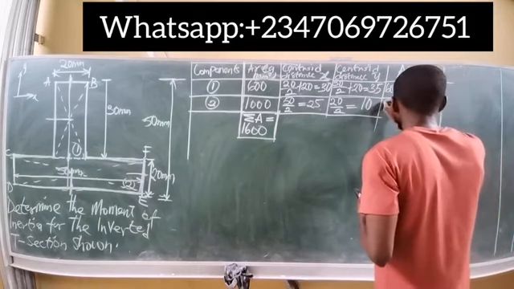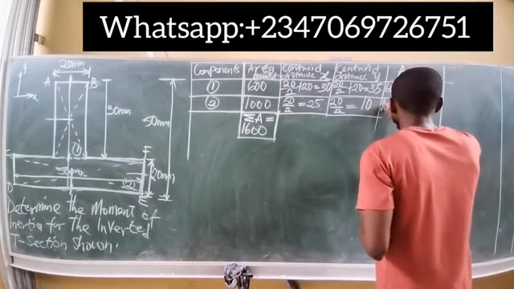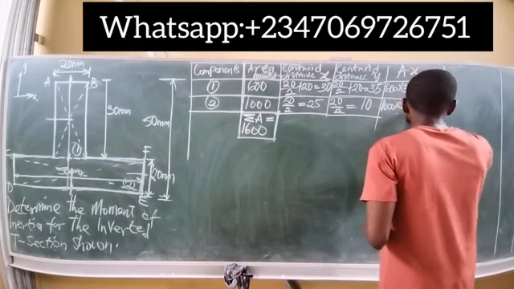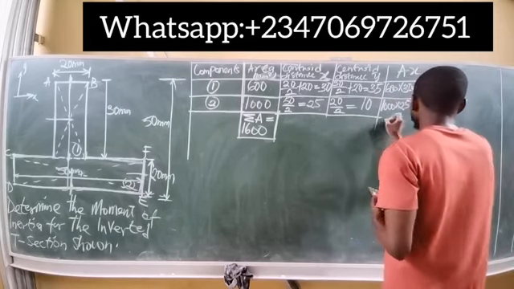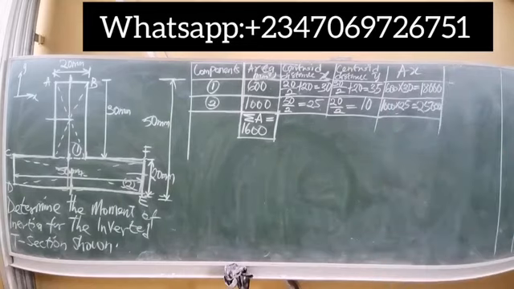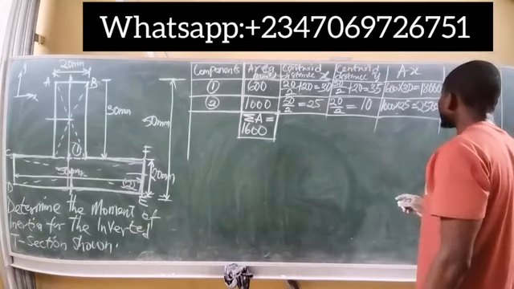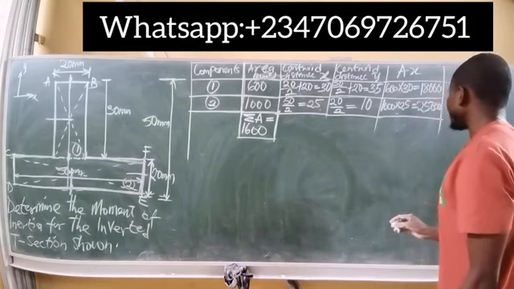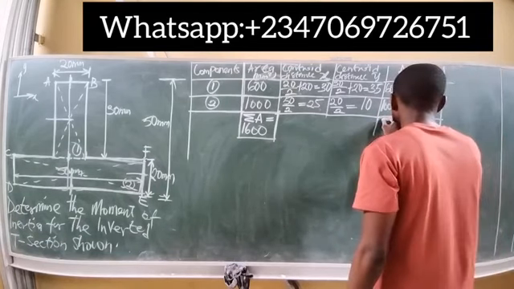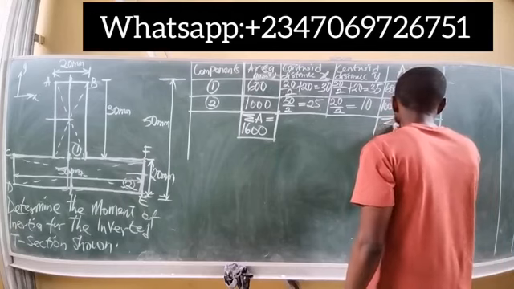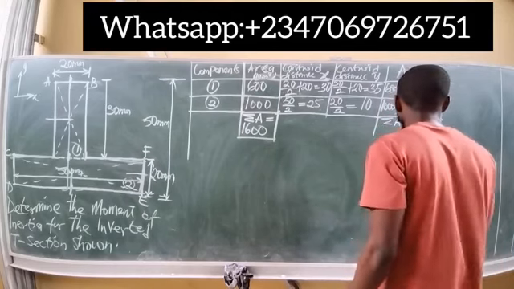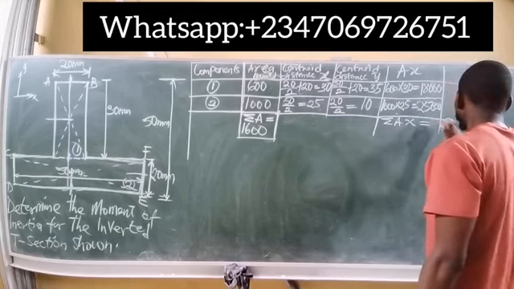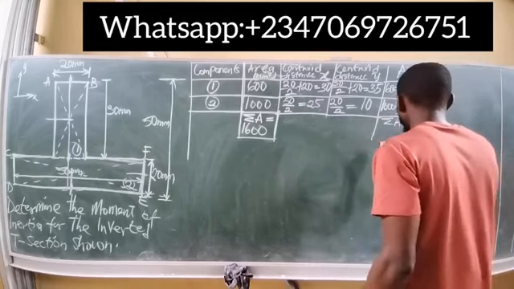So we simply have 1000 by 25, which gave us 25,000. So all we need to do at this point is sum these products together, the summation of AX. So we simply have 18,000 plus 25,000.